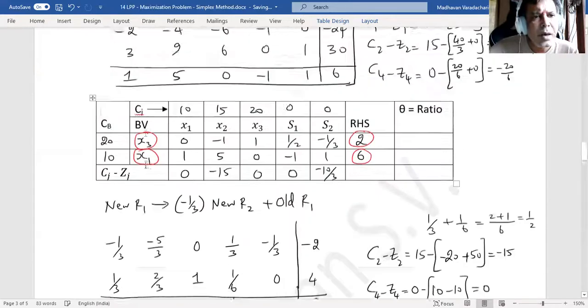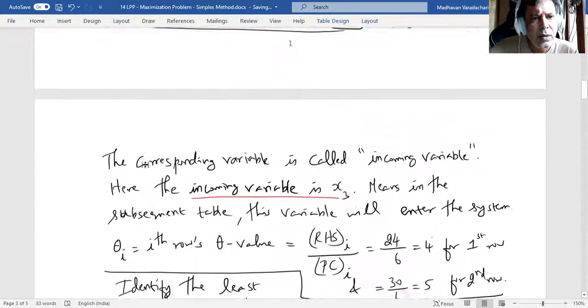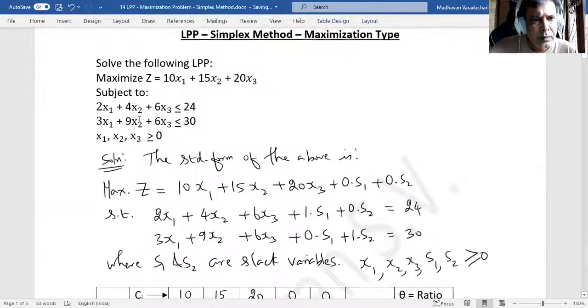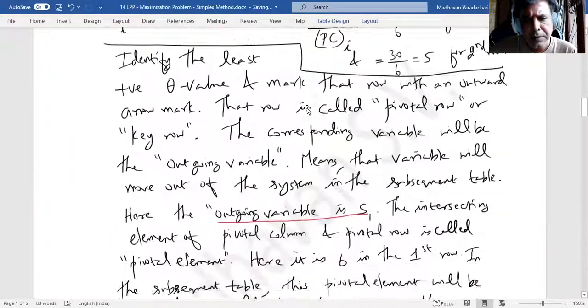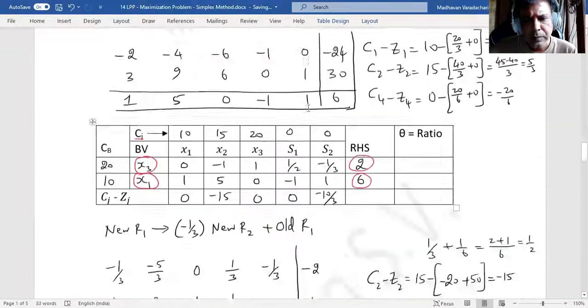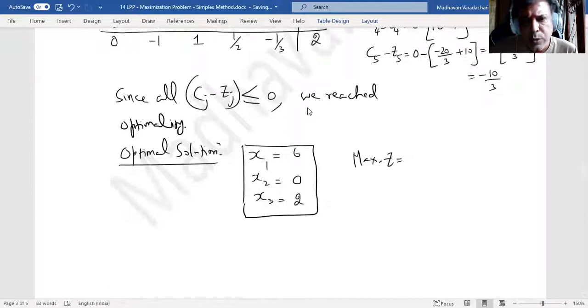Where is that original objective function? Let us go to that. 10x1 plus 15x2 plus 20x3, which will be 10 times 6 plus 15 times 0 plus 20 times 2.